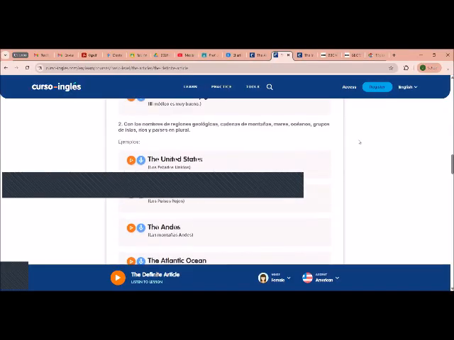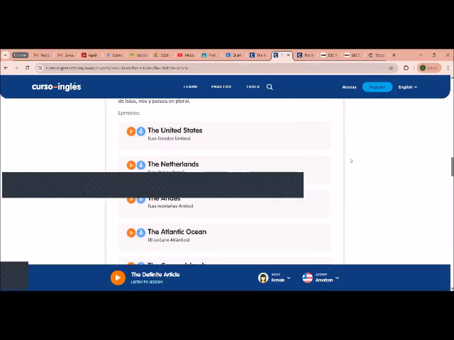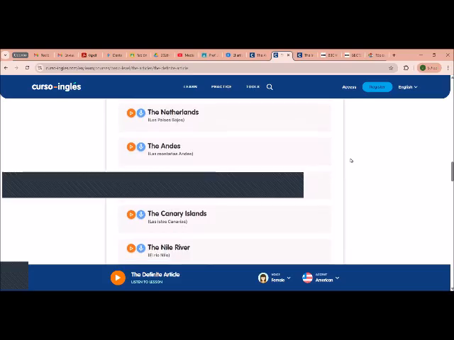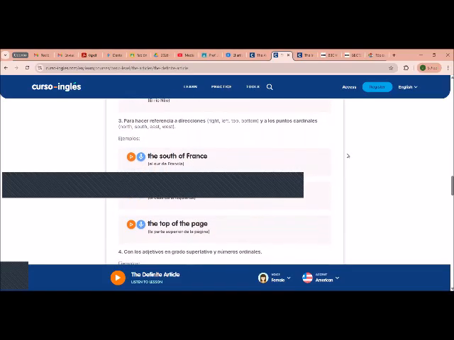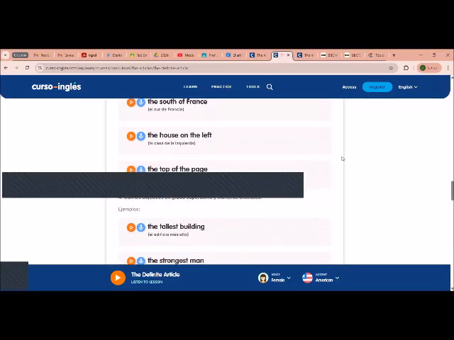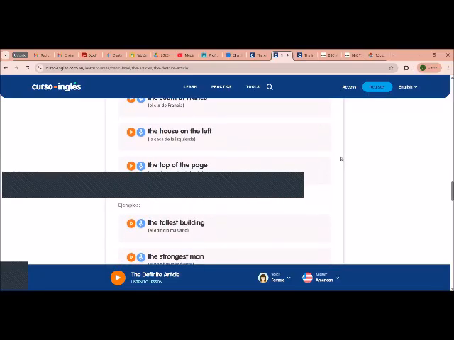We also use it when we are talking about geological regions, mountain chains, seas and oceans, groups of islands, rivers, and countries that are in their plural form. We also make use of it when we are giving certain directions, cardinal points in a country or place, like the south or the west, the east, the top, the bottom.